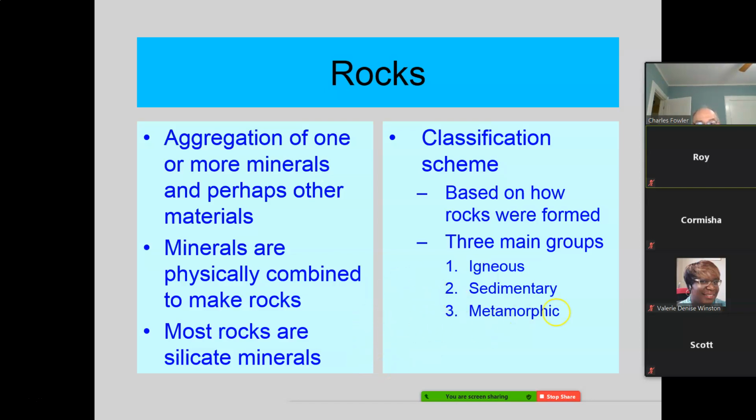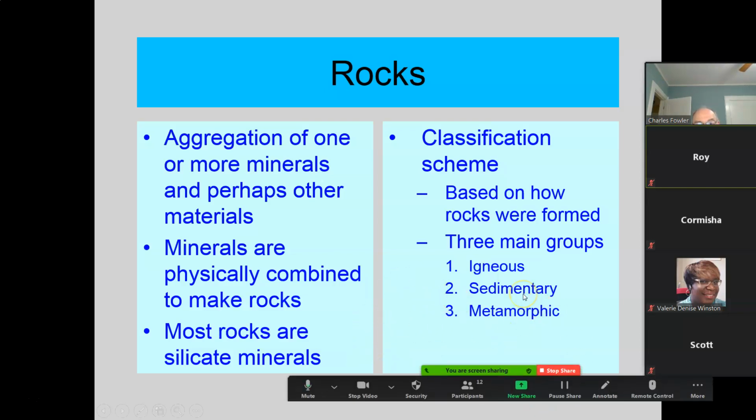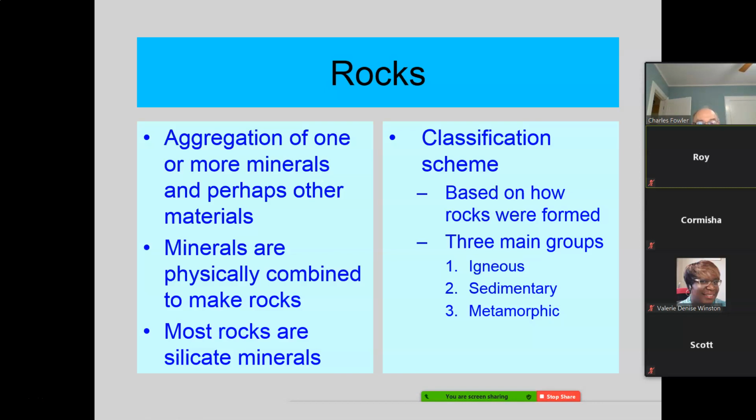Sedimentary rock. What you reckon that would be? Something that is settled out. That's a sedimentary rock. Metamorphic rock. Now, I don't know if any of you are used to the term metamorphic. Any of you? Perhaps in biology, you studied something that metamorphosized.